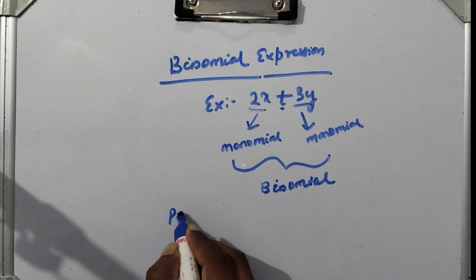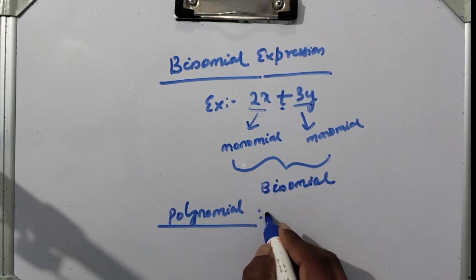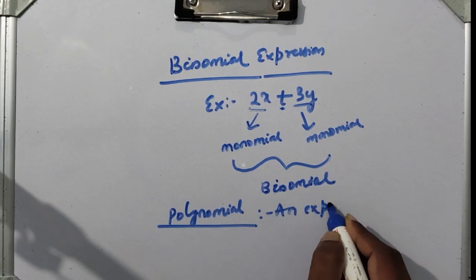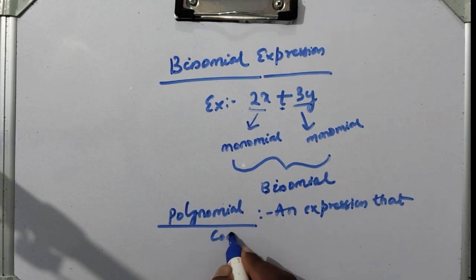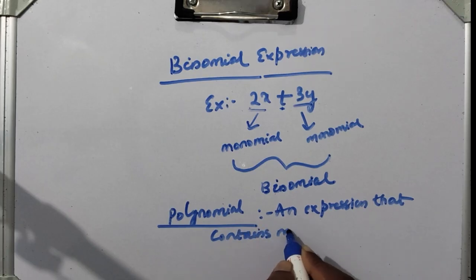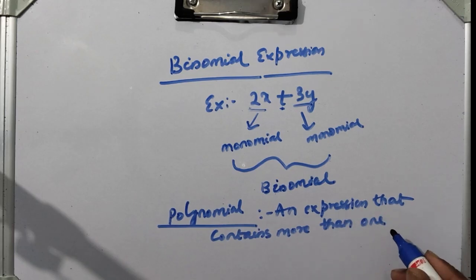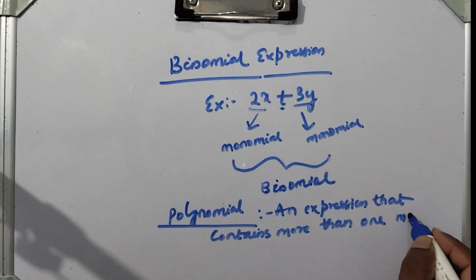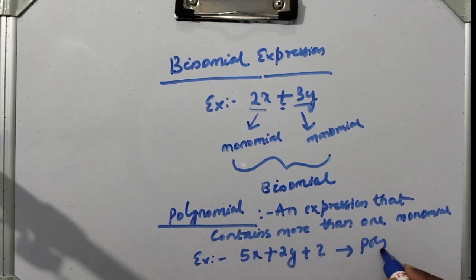Now what is polynomial? Polynomial: an expression that contains more than one monomial. Okay, that is polynomial. Example: 5x plus 2y plus z. Is it a polynomial? Yes, it is a polynomial.